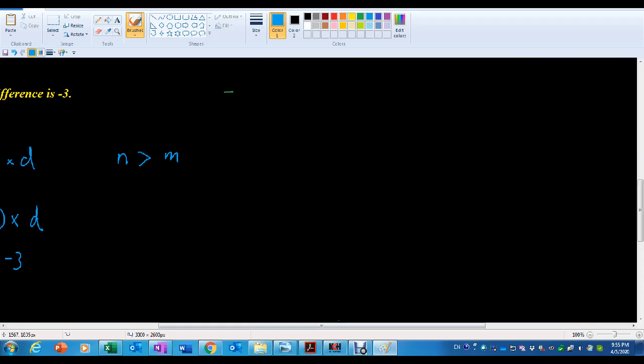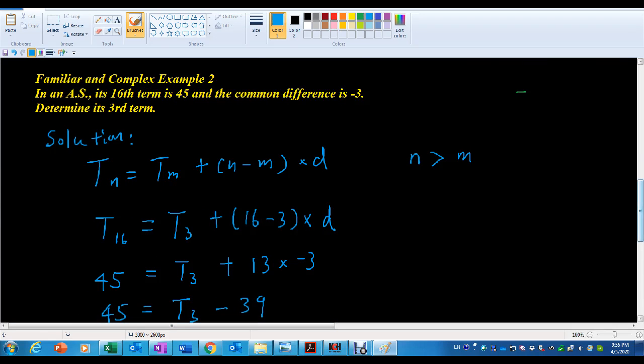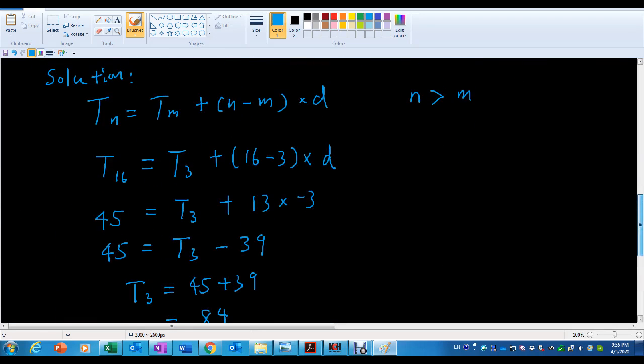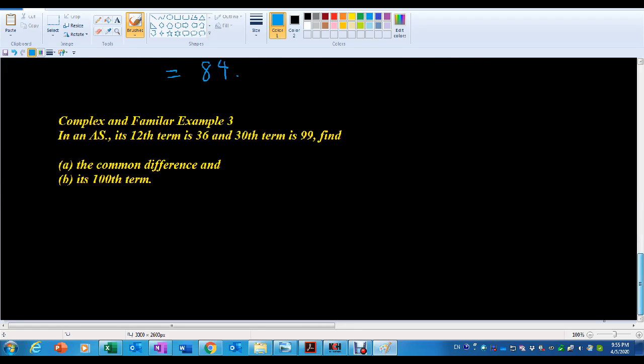But in this example, you are given the 16th term, which comes much later than the third term, and you are going to find the third term. So it's a bit different, but the idea is essentially the same. All right. Okay. So let's see another one.